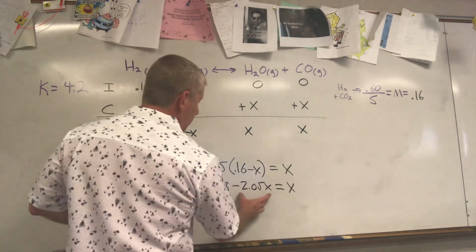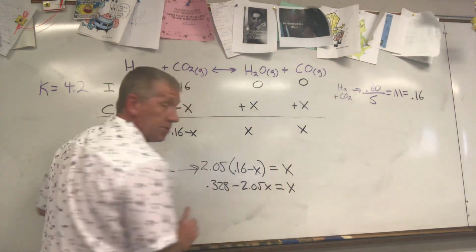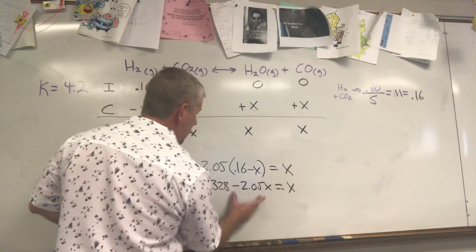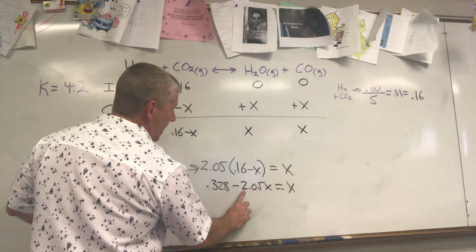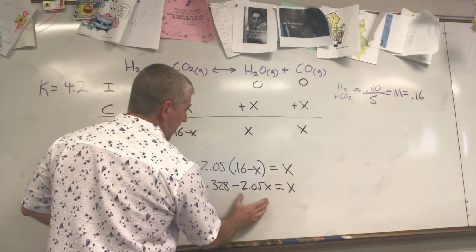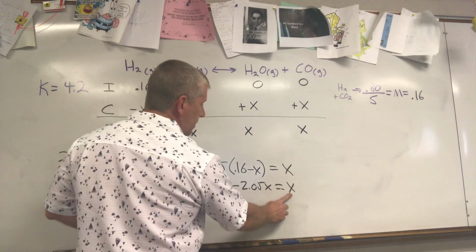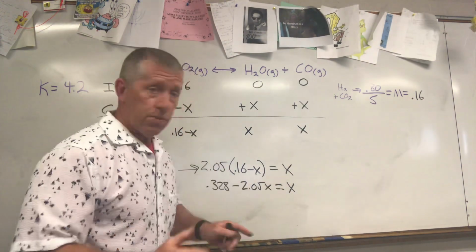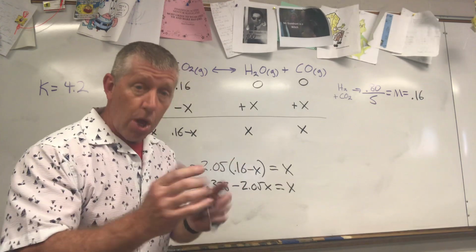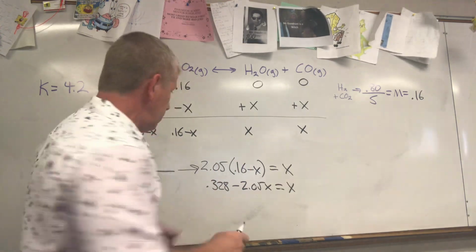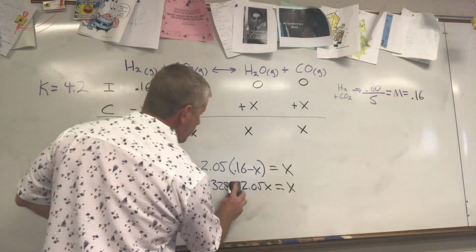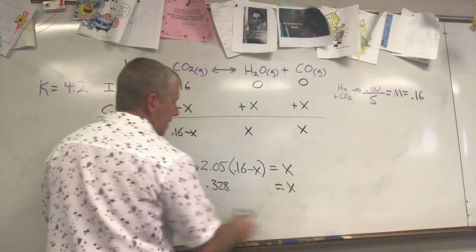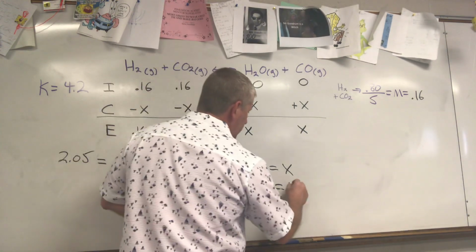So solving for x. Oh, look, like terms. I've got an x and I've got an x term. Let's add that to this side. So add 2.05x to both sides. This goes away. 2.05x plus x, that's 1x plus 2.05x, which is 3.05x.